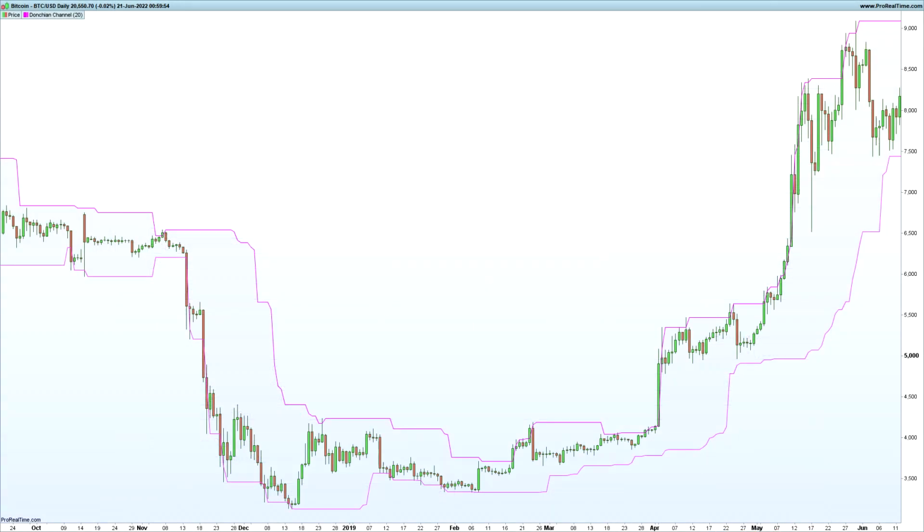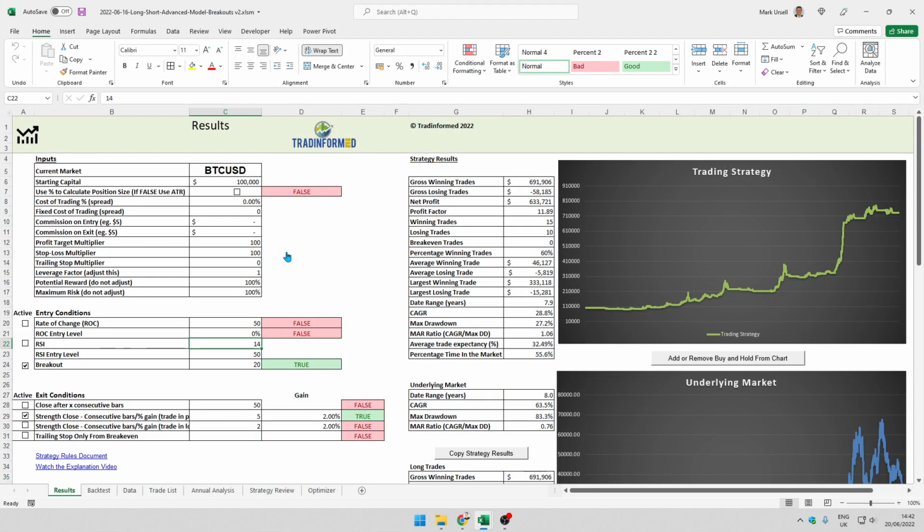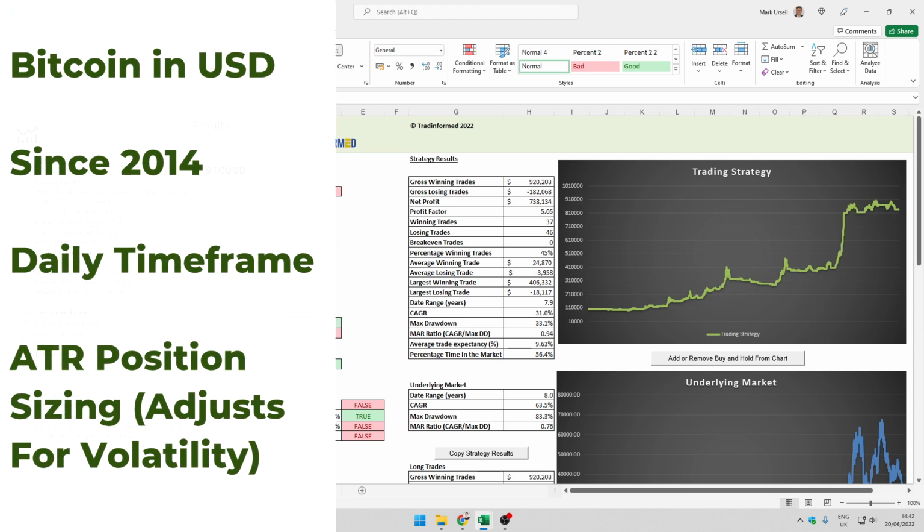Now, Breakout is using Donchian price channels, and it is when we have a closing price that is greater than the price channel. If you would like to know how to calculate Donchian price channels in Excel, there is a link on the screen to a recent video that I have done explaining how to do this. I am testing Bitcoin in US dollars since 2014, and so we've got about 8 years worth of data in here.